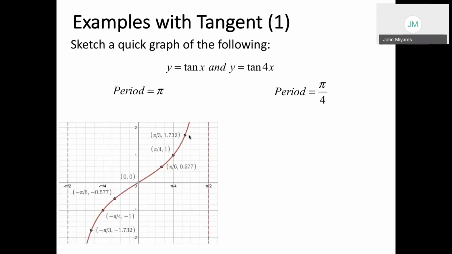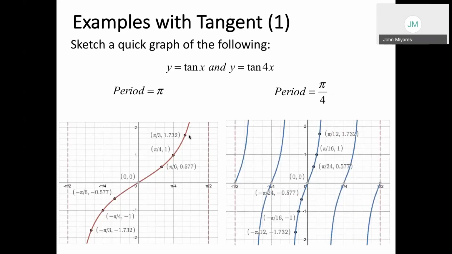You could also say that in the same horizontal distance of pi, you should be able to get 4 full cycles of this graph constructed. So here is a graph of the tangent of 4x. I didn't label all the points, but you should be able to see the y coordinates do correspond perfectly to the basic shape, the red graph on the left, just the x values have all been divided by 4.